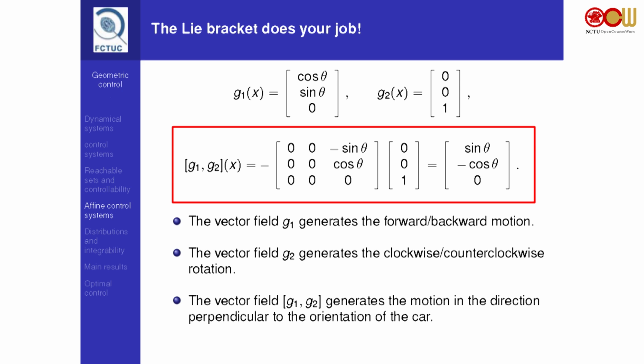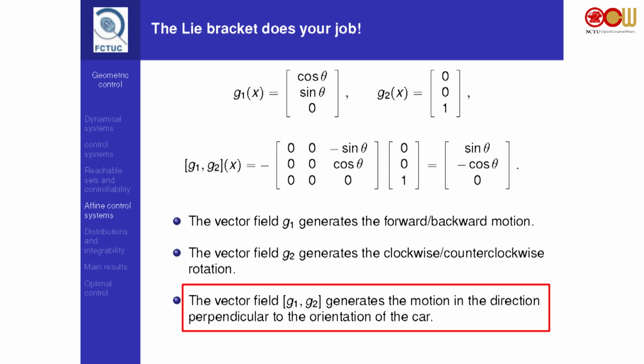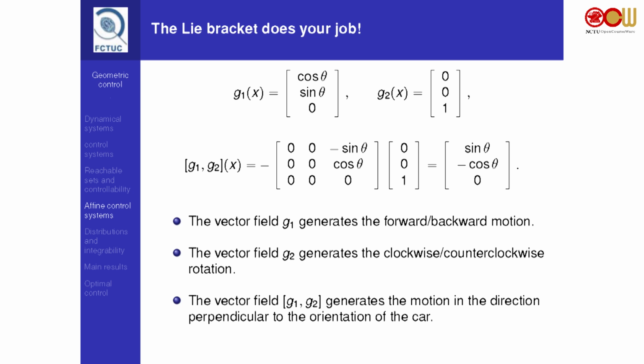And you examine this, and you find a column vector, which the first and second element are non-zero. That means that in these two states, the action, the series of control input, can change these two states in this direction. It's kind of like you slice, okay, perpendicular to the orientation of the car.